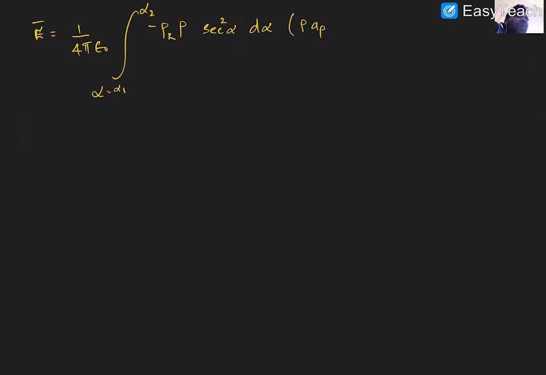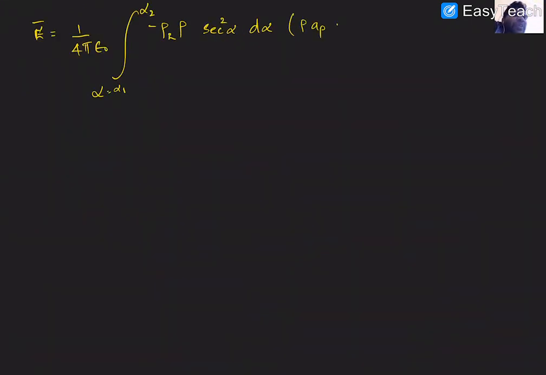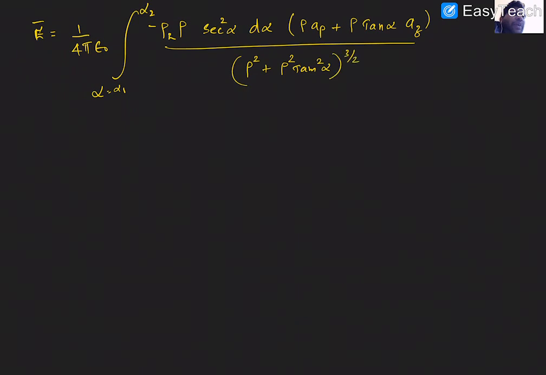But what is z minus z dash? We have already seen, z minus z dash is nothing but rho tan alpha. So we will see plus rho tan alpha into az divided by the magnitude of vector r whole cube. That means rho square plus rho square tan square alpha the whole power 3 by 2.